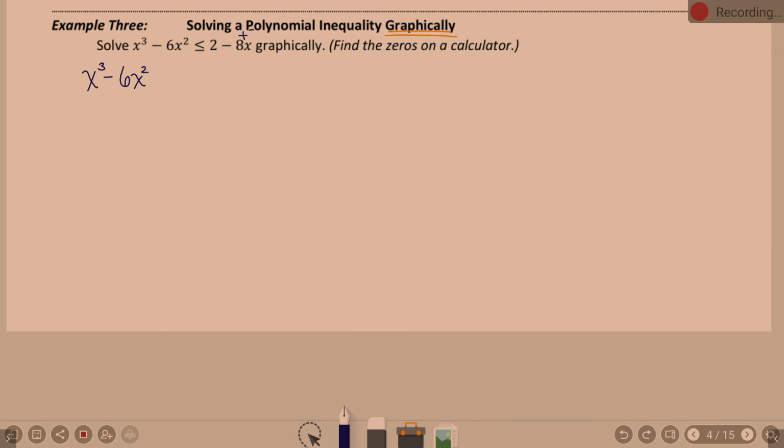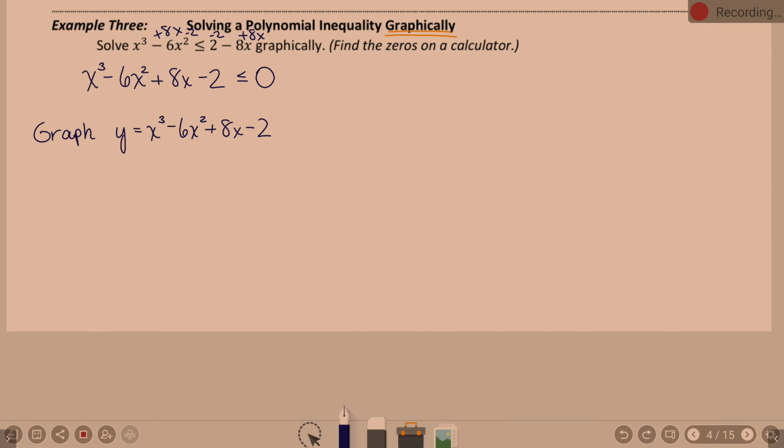We're going to add the 8x over, and we're going to subtract the 2 over. And so now I have x cubed minus 6x squared plus 8x minus 2 less than or equal to 0. So, what is it that we're going to graph now? We're going to graph y equals x cubed minus 6x squared plus 8x minus 2.